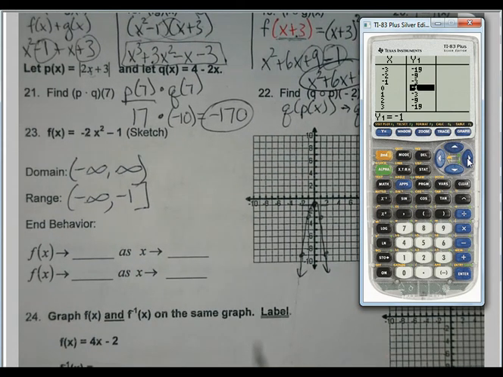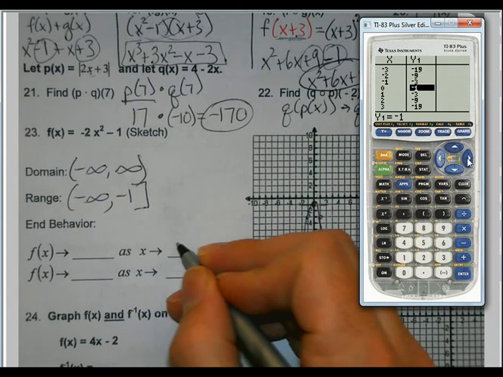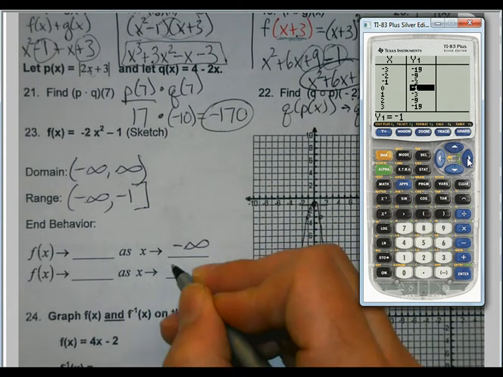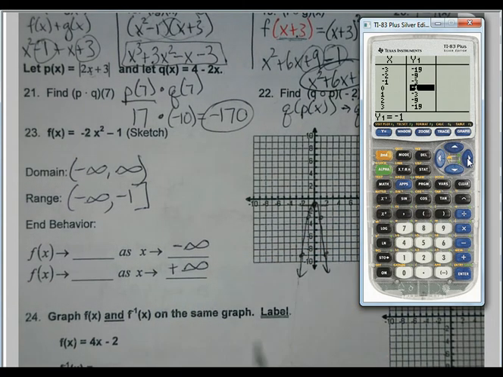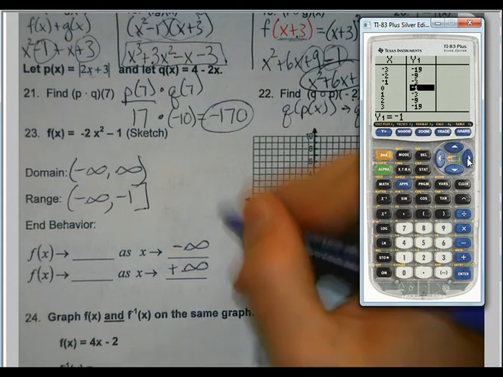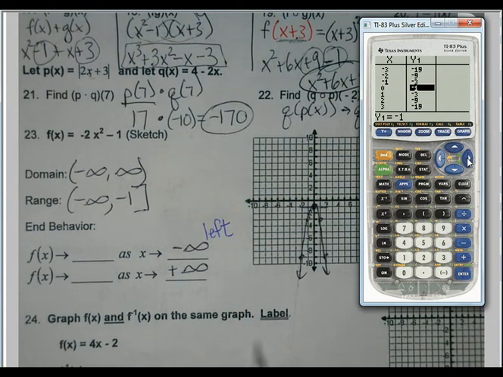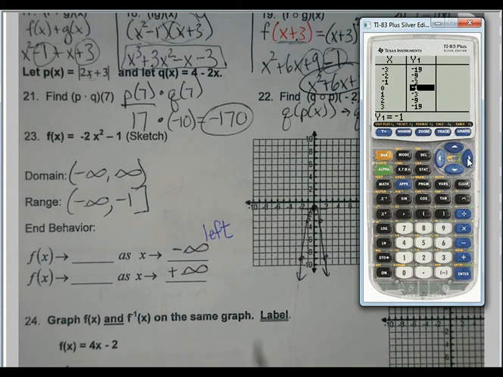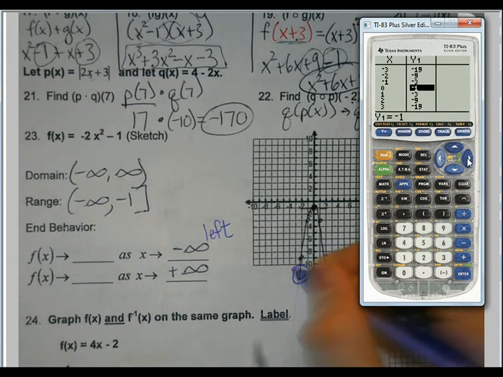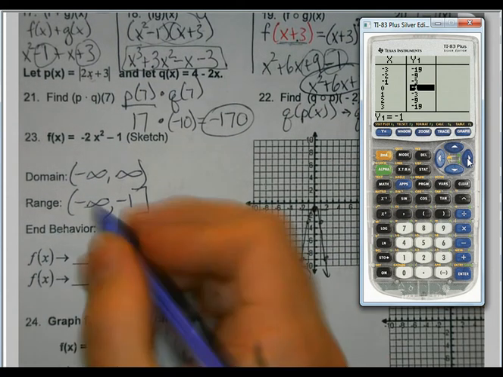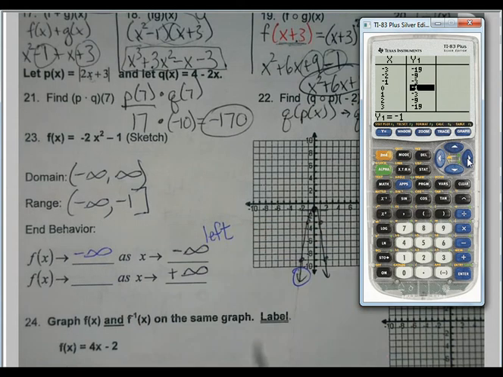End behavior. My x's, I will always have one going to -infinity, one going to +infinity. Just a reminder, what does that mean? As x goes to the left, what's happening to y? It's going down. Or I could go back to my odd even.